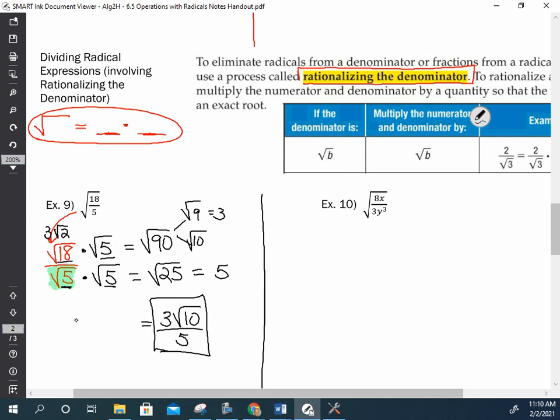So when you multiply by the square root of 5, you would only be multiplying the 2 and the 5. If you chose to do it that way, that's okay. It doesn't hurt the problem. So, great observation there. Anything else with problem 9?